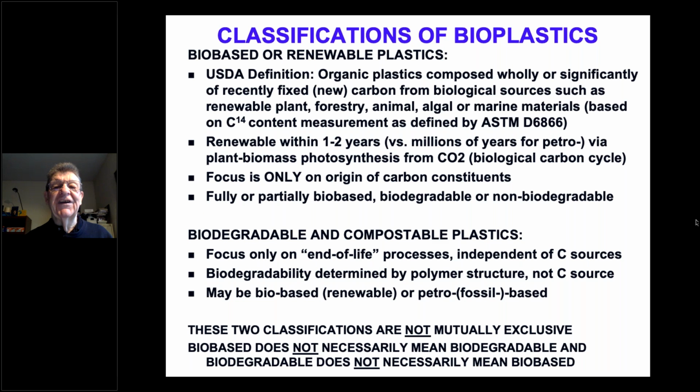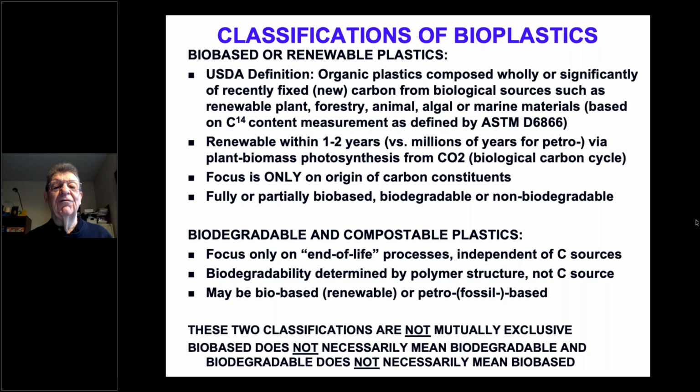So the classifications of bioplastics: two major divisions. First, bio-based renewable plastics, and the US Department of Agriculture definition for this is organic plastics composed wholly or significantly of recently fixed new carbon from biological sources. And this is shown by the carbon-14 content.